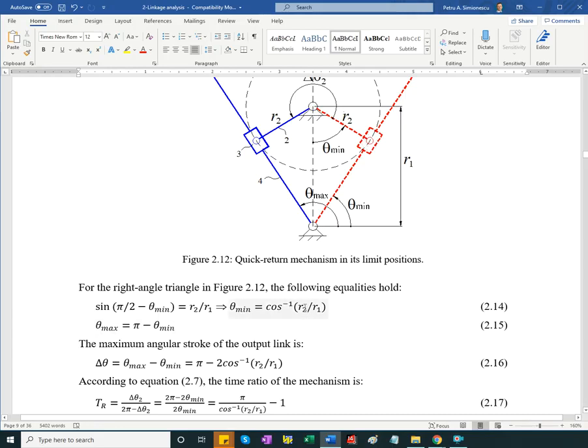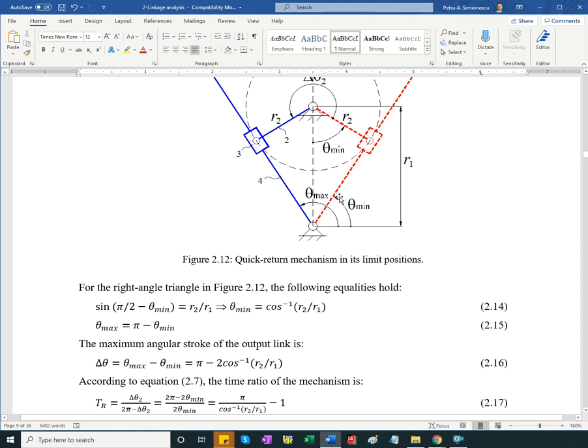And then we recognize that theta max, as shown here, is just going to be pi, the full pi angle, minus this angle, which is equal to this angle.